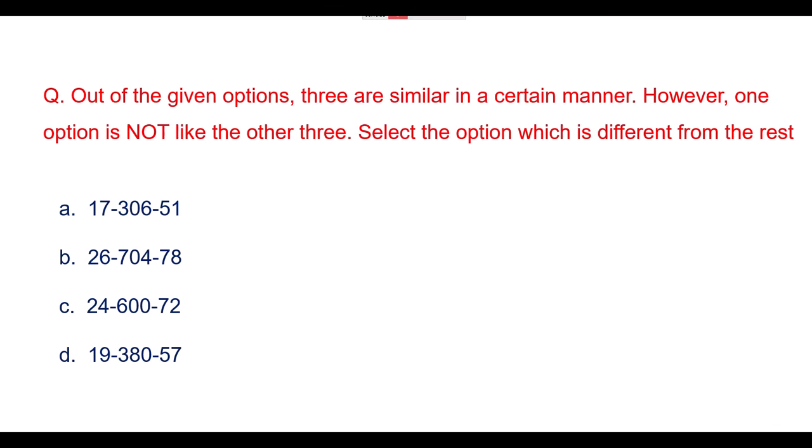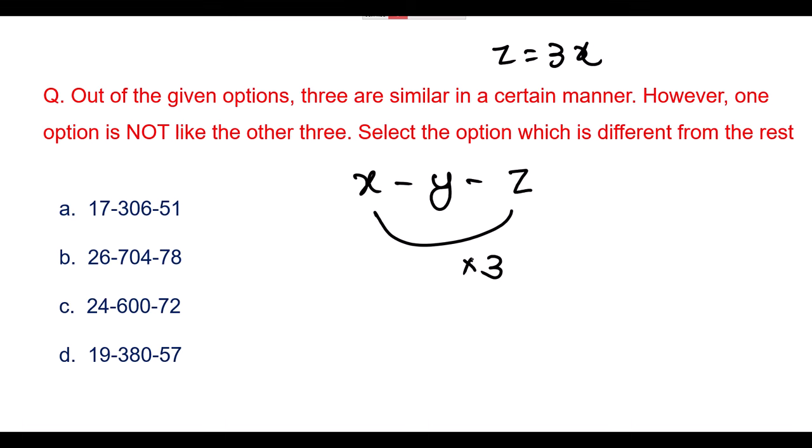Now let's see about this one. Here we have X, Y, Z. How can we map? Z is 3 times X, so in every option you can see 17 multiplied by 3, 26 multiplied by 3, 24 multiplied by 3, everything. We saw 24 and 600 just now in one of the questions.